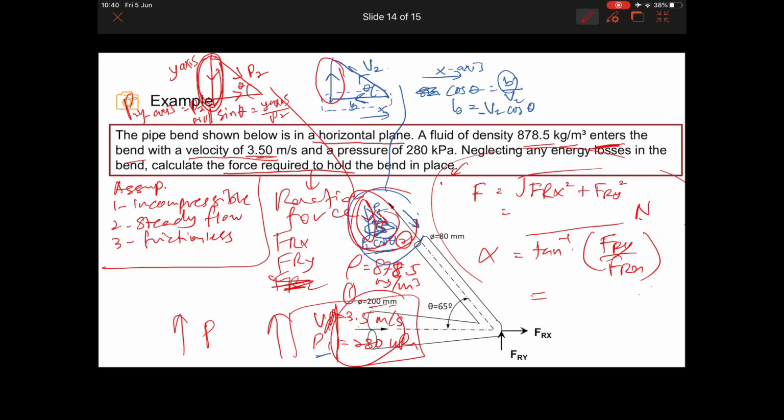This value sometimes is quite confusing as well. You get the value, for example, let's say minus 12.5. Does it mean minus 12, or is it actually at a specific quadrant? Remember, first quadrant, second quadrant, third quadrant, fourth quadrant.